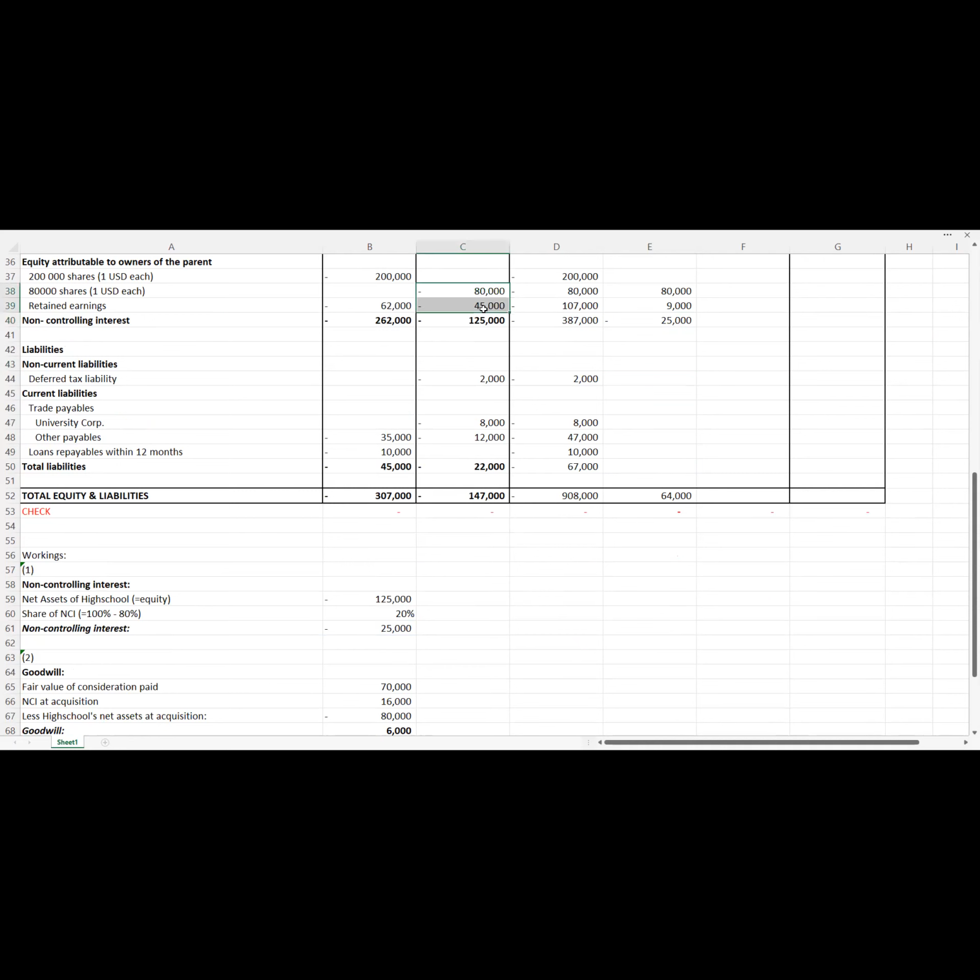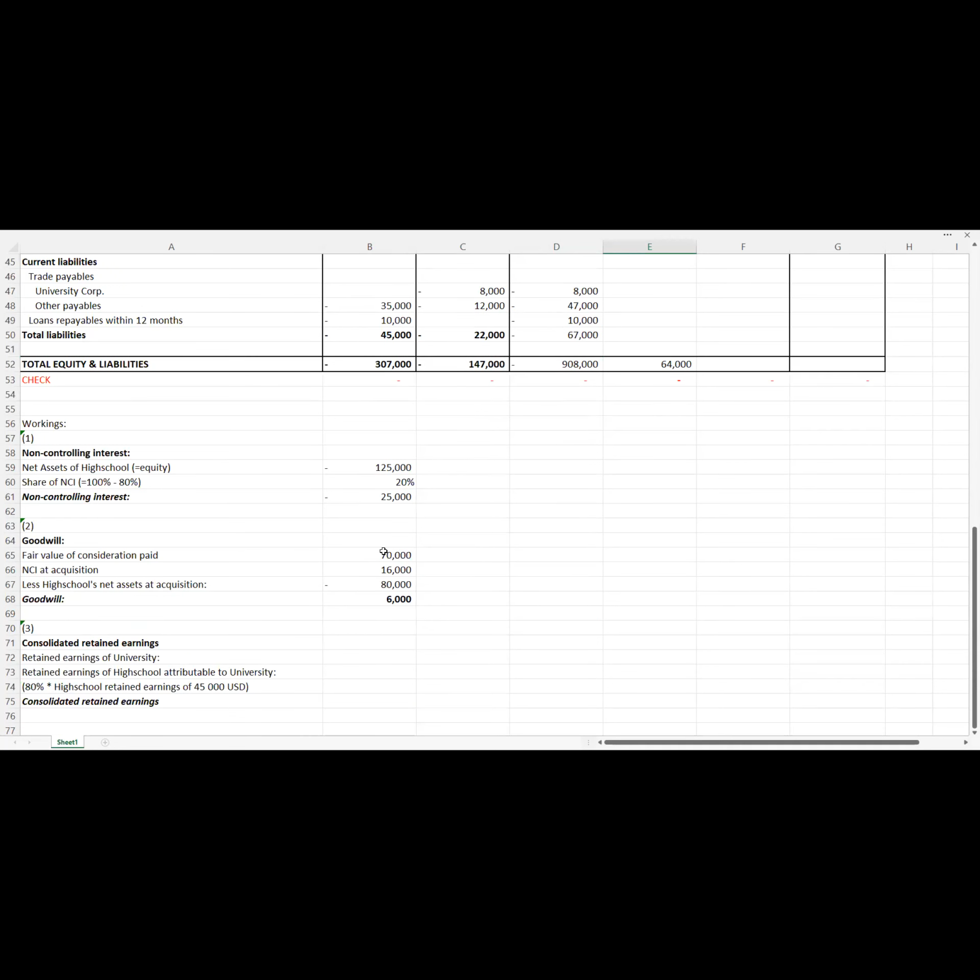By multiplying the 80,000 and the 45,000, which gives you the total equity. I'm just subtracting from the equity the part which is not mine. And from what I paid, I'm recognizing what I paid above the fair value.